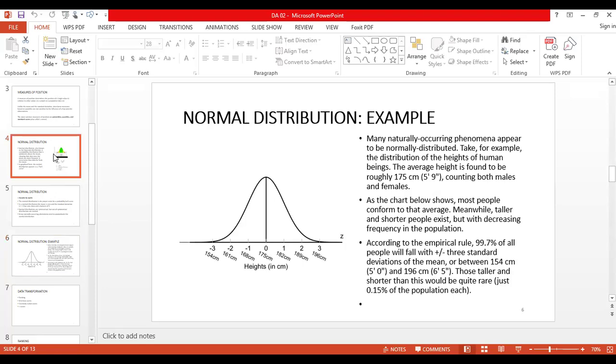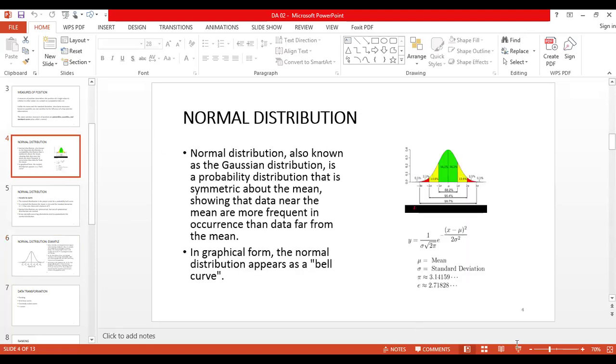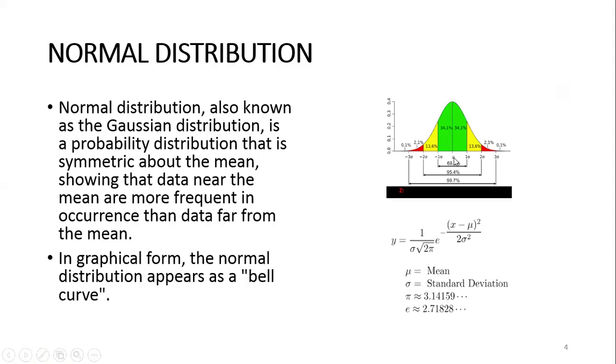Let's go back. You can now see why this is called mu, that's mean. This is called 1 standard deviation. This symbol is standard deviation. 2 standard deviation, 3 standard deviation. That's what that means. You understand?